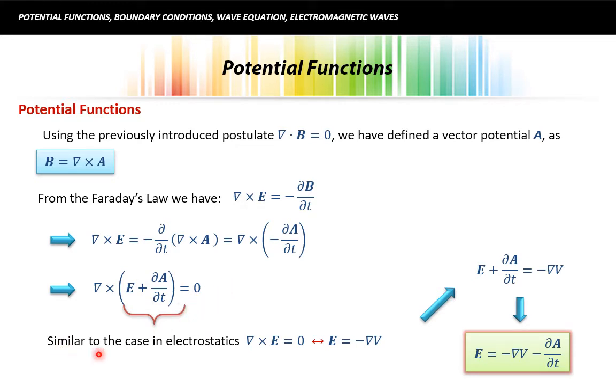Similar to the case in electrostatics, if curl of E is equal to 0, then E can be written as a minus gradient of a scalar function V. Then we can rewrite this as E plus del A over del t is equal to minus gradient V. That is, the electric field is equal to minus gradient of the scalar potential V, minus del A over del t, where A is the vector potential.